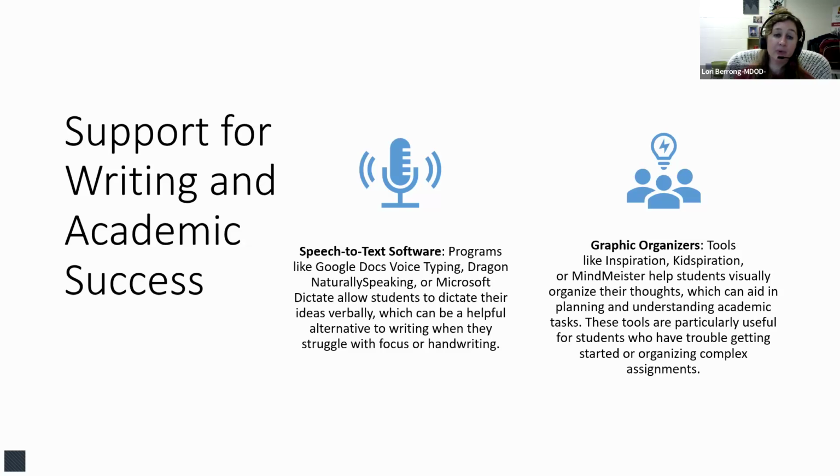Sometimes something as simple as that can be really helpful for somebody, especially in moments of dysregulation, if they can just pull out their phone and talk into it like they're journaling, right? So there are lots of opportunities there to explore ways to support somebody.